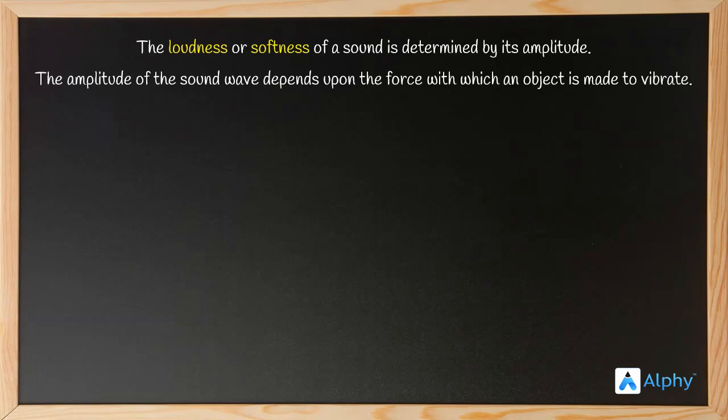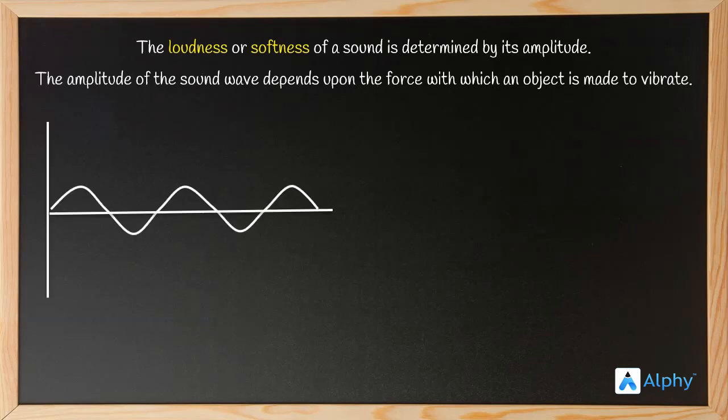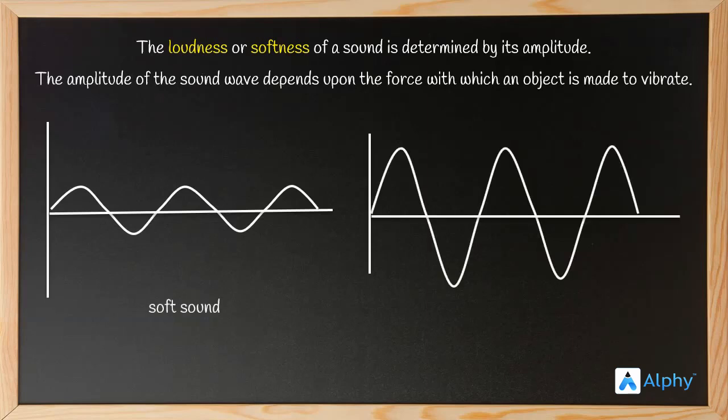A higher amplitude is generated when an object experiences higher force. If you tap gently on a table, the sound is soft. As opposed to this, if you hit a table hard, a loud sound is produced. In terms of waves, a shorter amplitude corresponds to a softer sound, whereas a longer amplitude gives a louder sound.